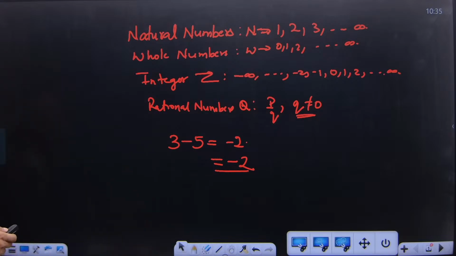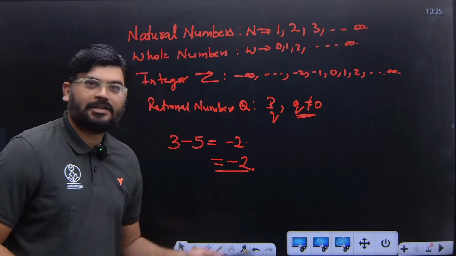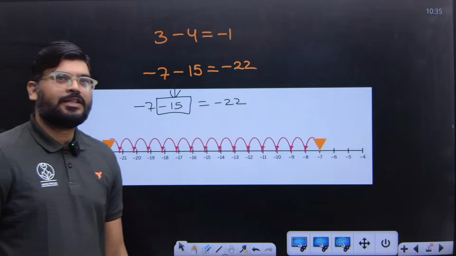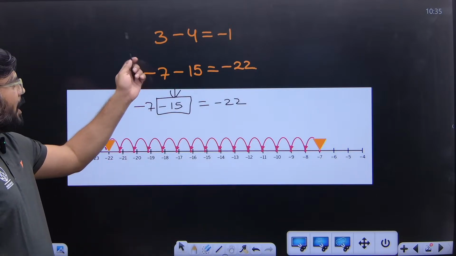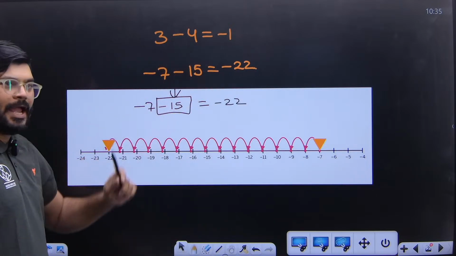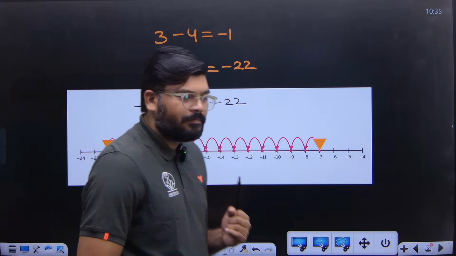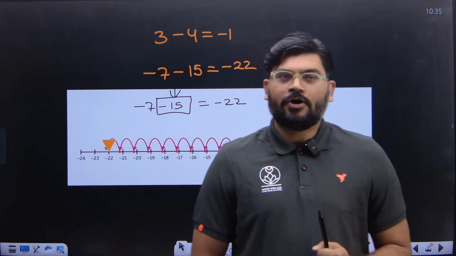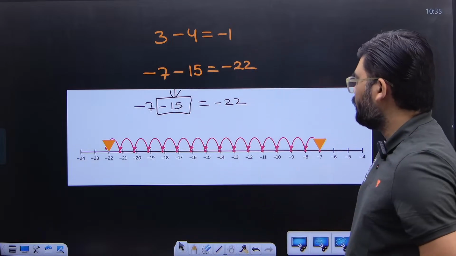In the first part, we learned about natural numbers, whole numbers, and we revised integers and rational numbers. Then I told you how to subtract or add integers, so 3 minus 4, you said minus 1. Then I taught you about negative of negative and positive of negative.